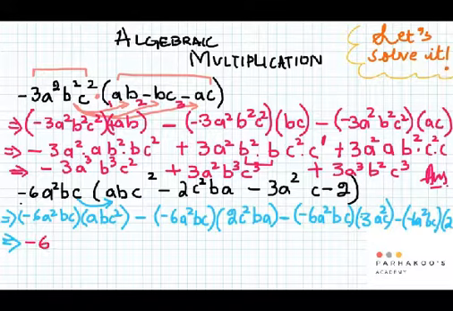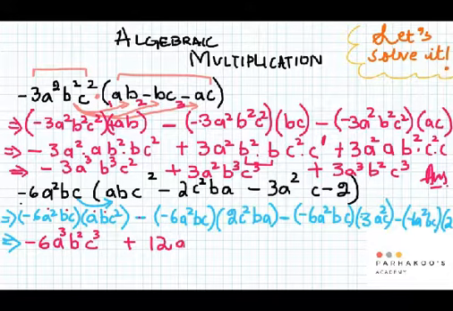6, we have a b c. Now let's write a, we have 3 a's, we have 2 b's, and we have 3 c's. Minus minus is plus, 6 2s are 12, and we have a b c, we have 3 a's, 2 b's, and then 3 c's.